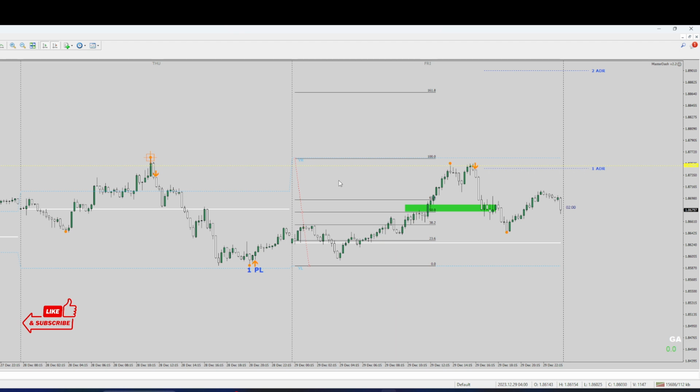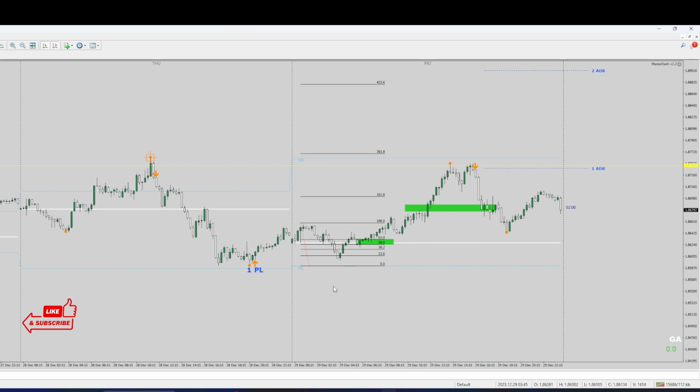If it was just from the low to the current high based on when you got into the actual market, then your entry is down here, and it's right at the open price.